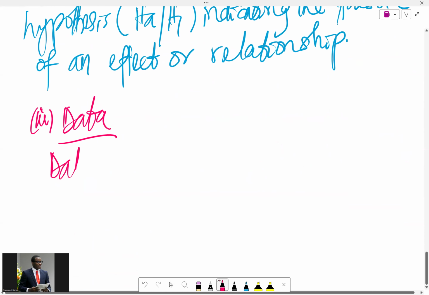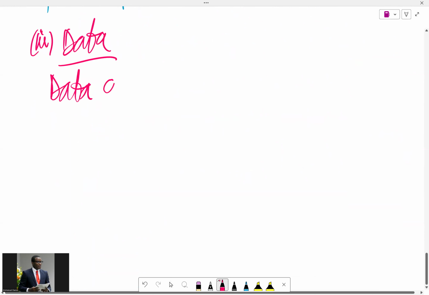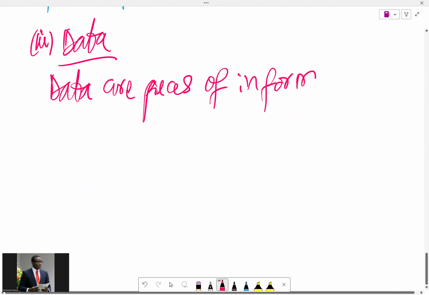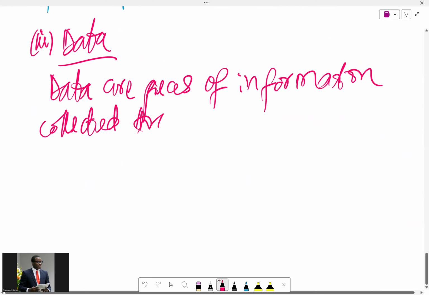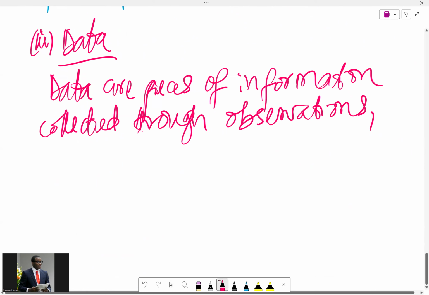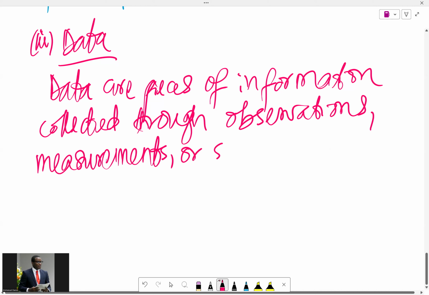So we can say data are pieces of information collected through observations, measurements or surveys.